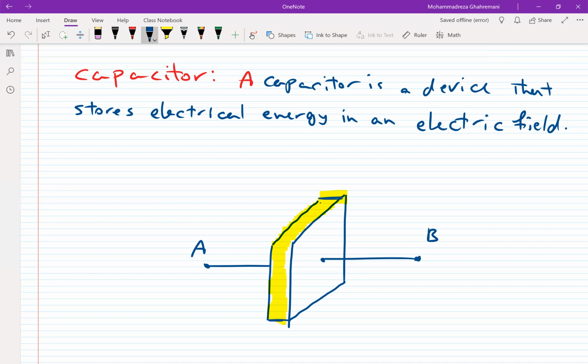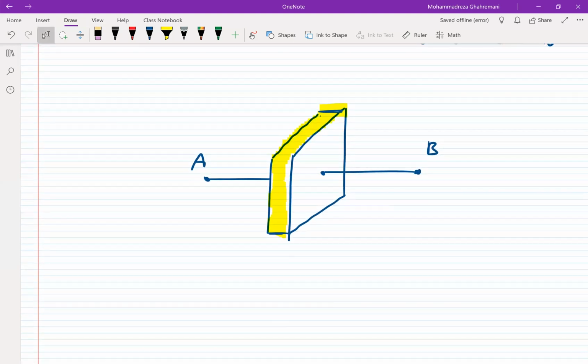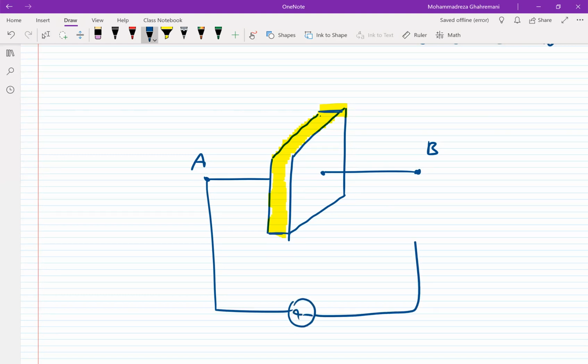But how does it work? We know that when we apply a voltage over the two plates, an electrical field is created between these two plates. I'm showing these electrical fields with red arrows.